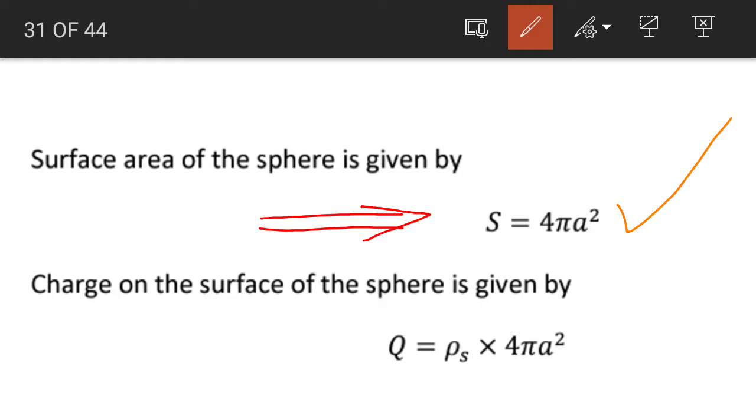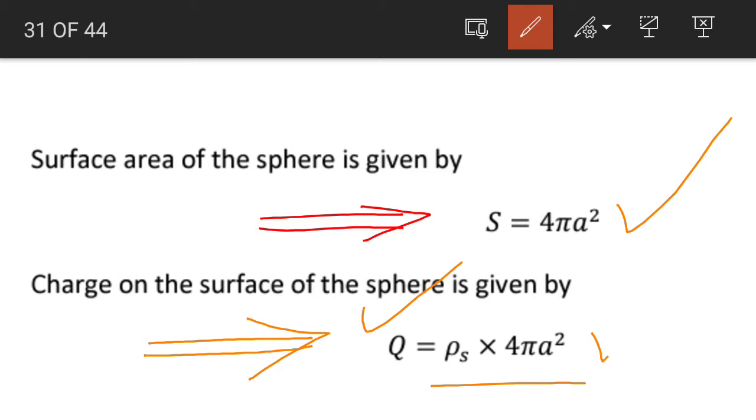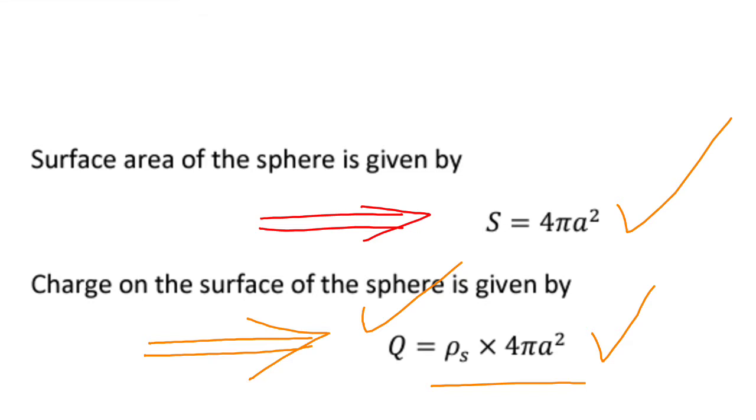As the surface area of the sphere is known and the surface charge density of the source is known, we can calculate the total charge on the surface of the sphere, and the total charge will be equal to rho s into 4 pi a square. So this is how we calculate the total charge on the surface of the sphere.